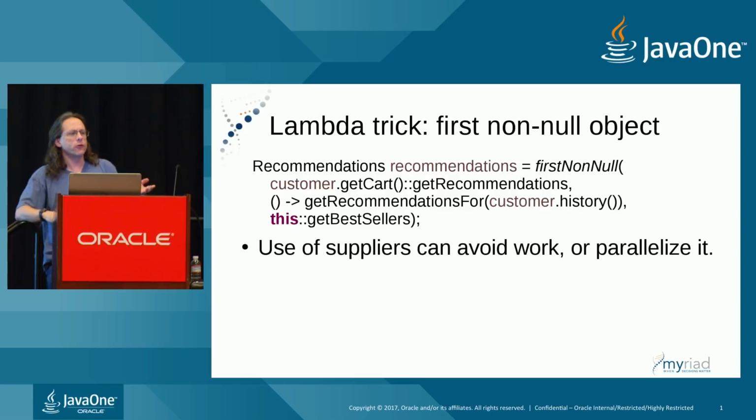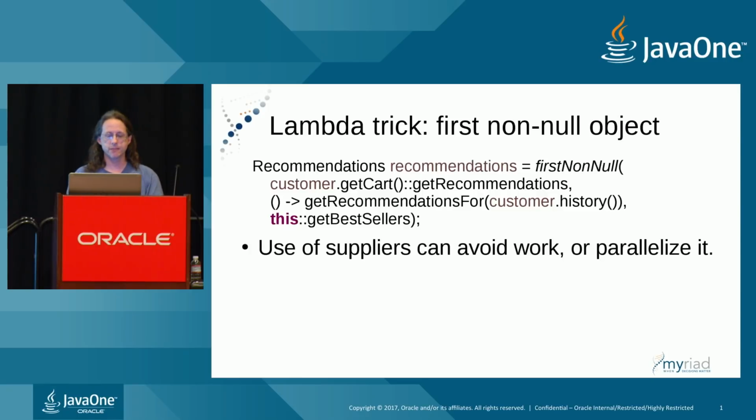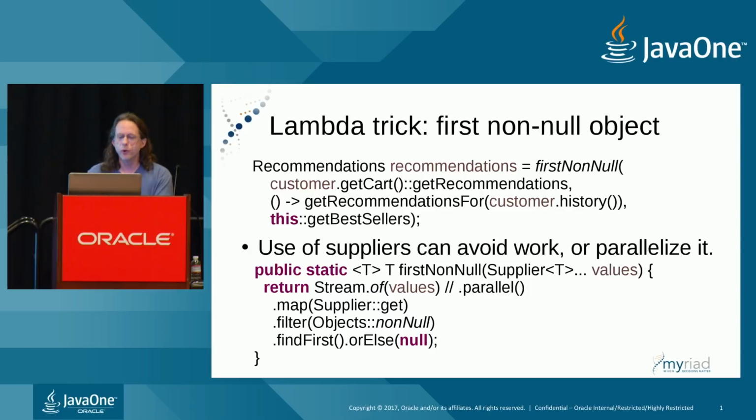Because we've got suppliers, we can either say, don't do the work if I don't need to, or we can say, I want to parallelize it, do it all at the same time to maximize responsiveness. And the method to do this is really straightforward. I'm sure there's a library that has it, but it's hardly worth looking for a library for this amount of code.